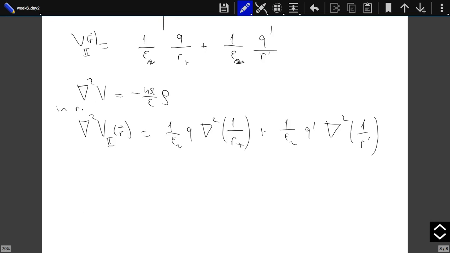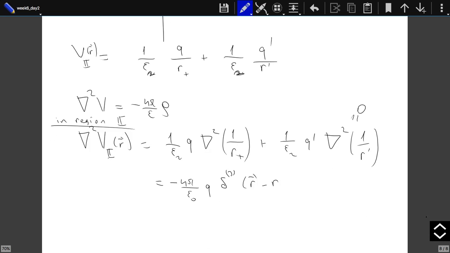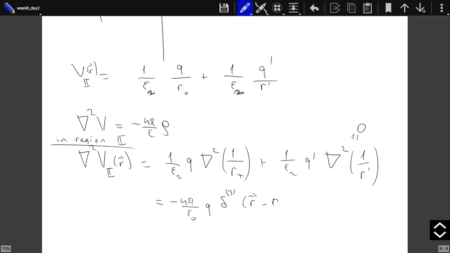In region 2, this is equal to, well, in region 2 this is 0. It's a Dirac delta on region 1, but in region 2 that Dirac delta is always 0. And this is minus 4 pi over epsilon 0 Q times the 3-dimensional Dirac delta, R minus delta plus.